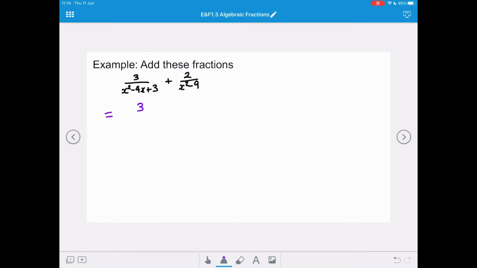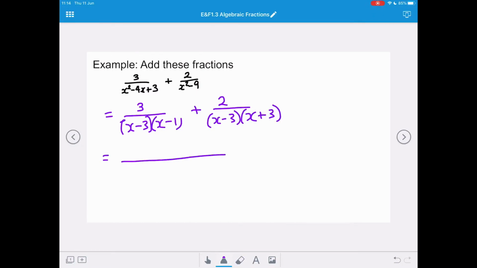So we're going to factorise our denominators first. We've got 3 over, and our factorising of x squared minus 4x plus 3 is going to give us x minus 3 upon x minus 1. And then we're going to add on 2 over our difference of 2 squares, which is going to be x minus 3 upon x plus 3.